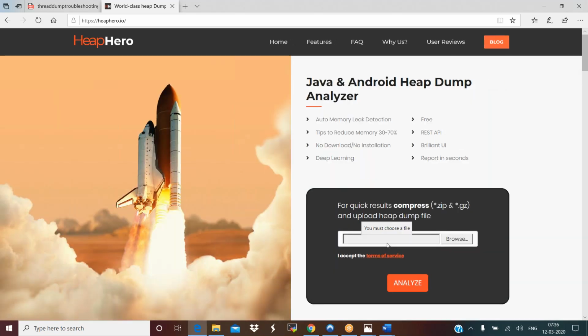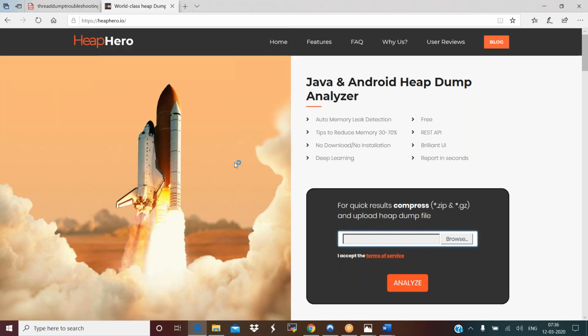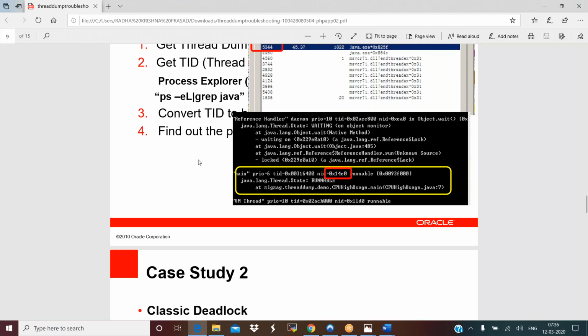Once you have this file, you do the same thing: you need to browse, add, and click on analyze. Let me try sending you one sample heap dump and sample thread dump. Let us see what you'll analyze, but tell me what you understood from analyzing. That is how you will add some experience.